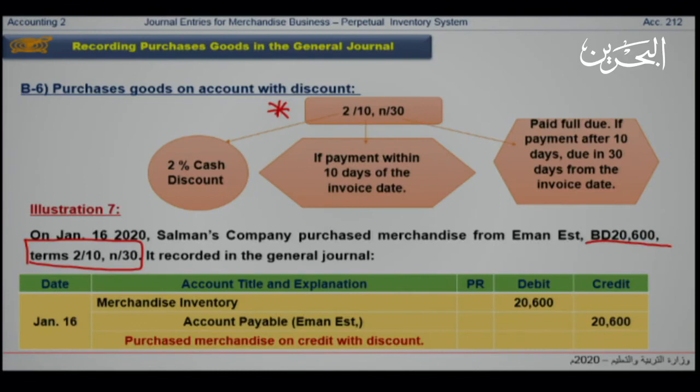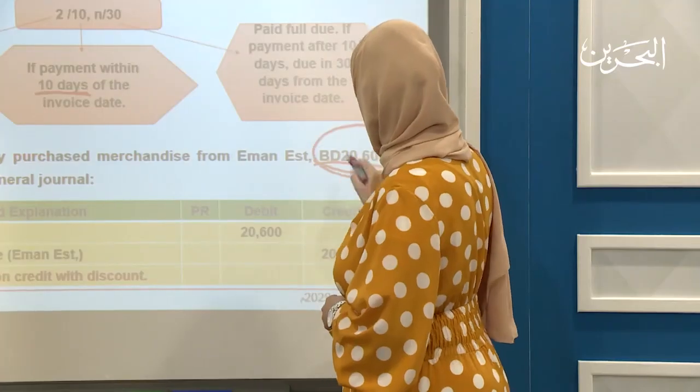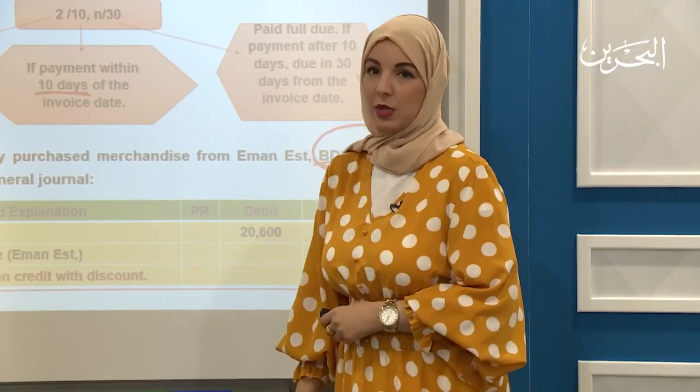The 2% is the cash discount that I will get if I make the payment within 10 days. If I make the payment after the 10 days, up until 30 days, I should pay the full amount without any discount. So, in our example, firstly, I purchase merchandise with an amount of 20,600.